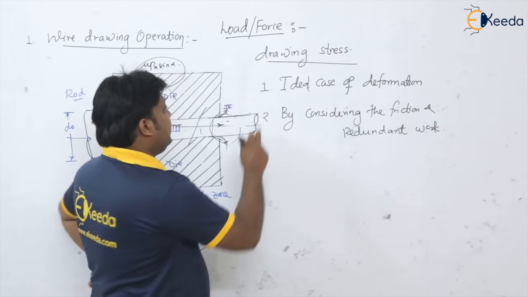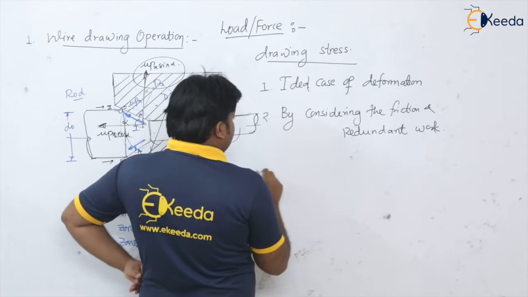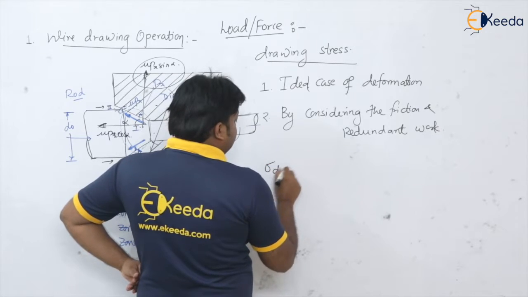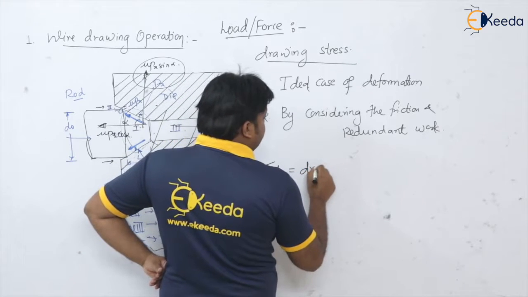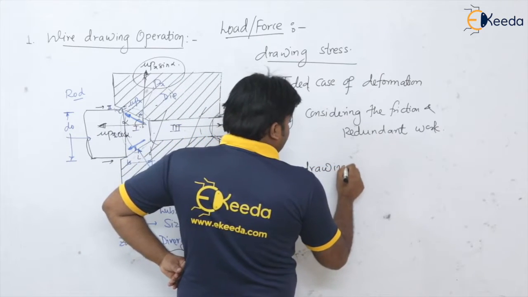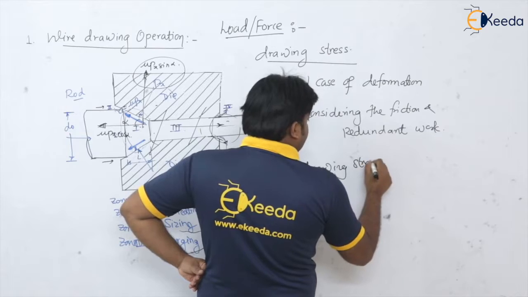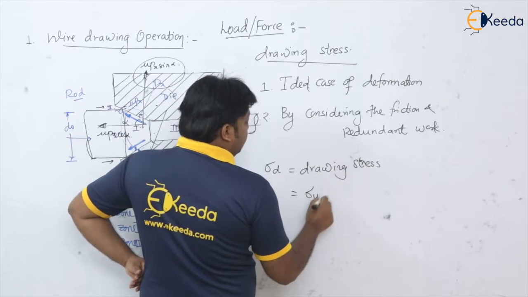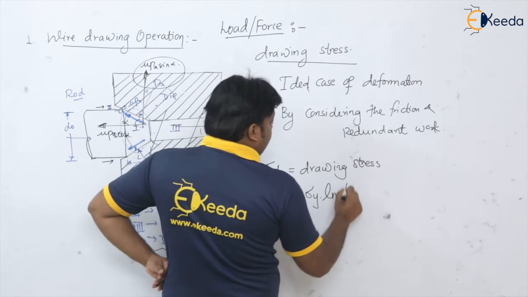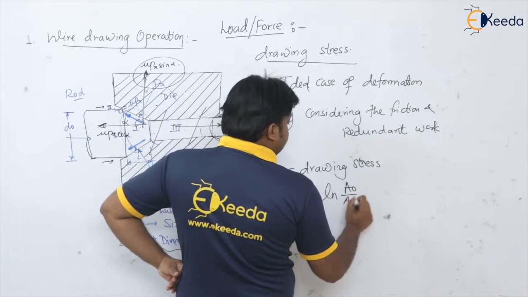So here, if I take the ideal case of deformation, where the drawing stress, now I am calling it the drawing stress, sigma d will be equal to the yield strength of the material into ln of A original by A final.